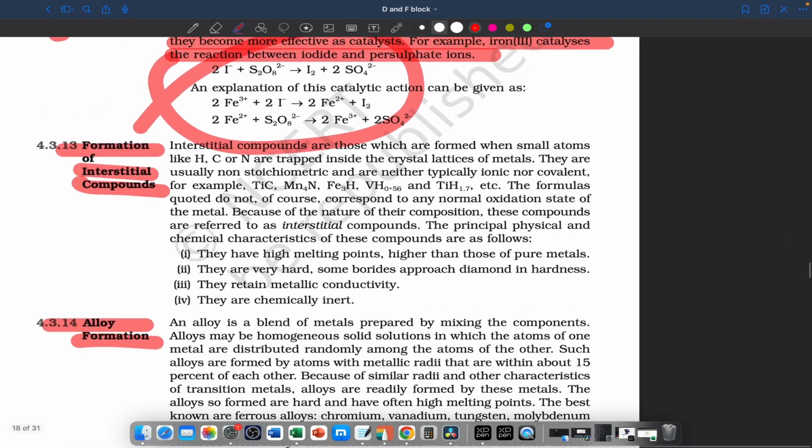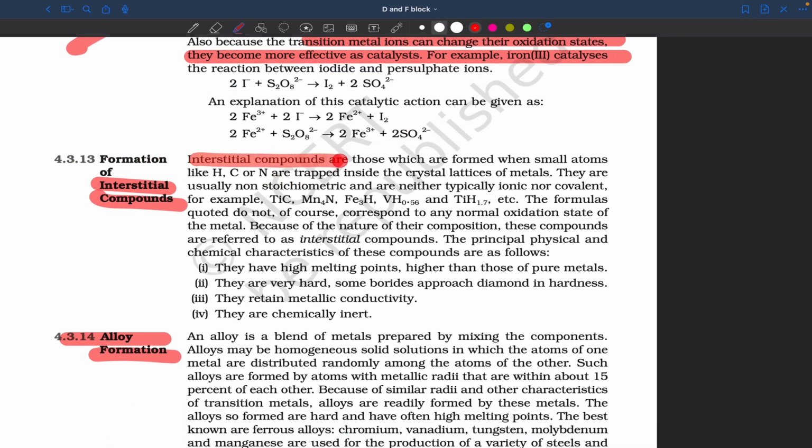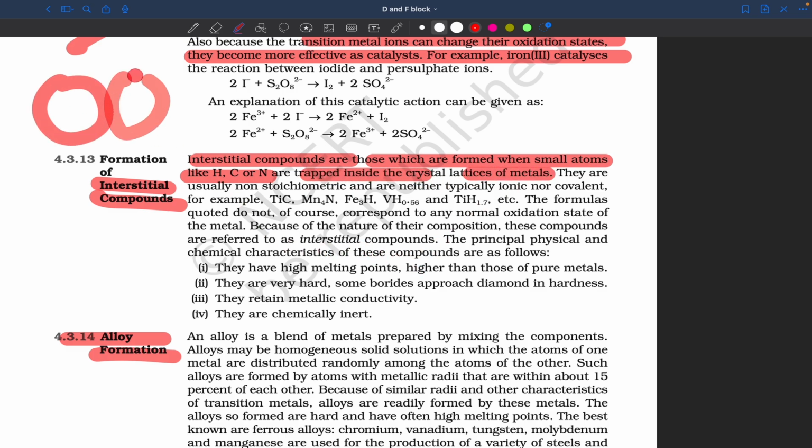Next one, formation of interstitial compounds. Interstitial compounds are those which are formed when small atoms like hydrogen, carbon, nitrogen are trapped inside the crystal lattice structure of the metals. All atoms in the metals have spherical structures and they form interstitial spaces.